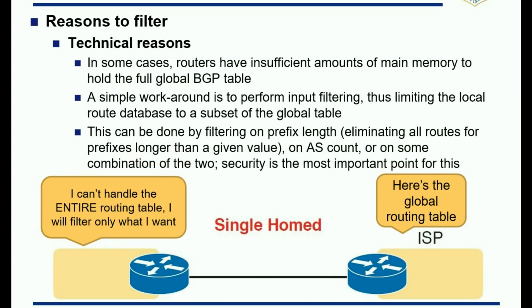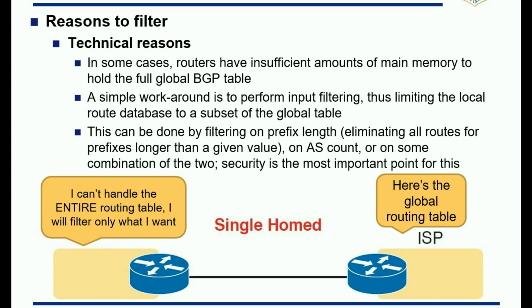Now, for some technical reasons, routers may not have a sufficient amount of memory. If I was to hold the full global BGP routing table, which probably has 600,000 to 700,000 routes, could my little Linksys, D-Link, or Netgear router hold the entire global BGP table? No, of course not.